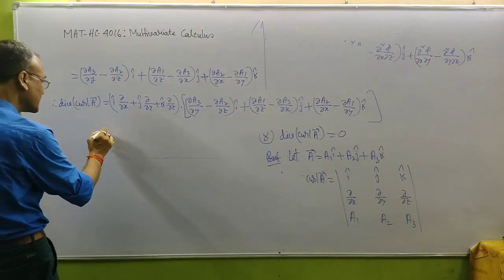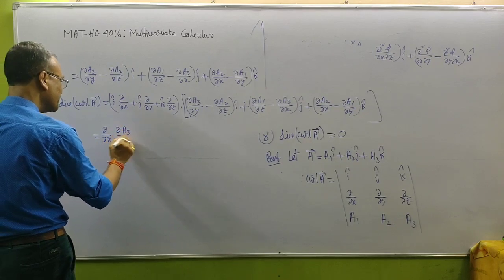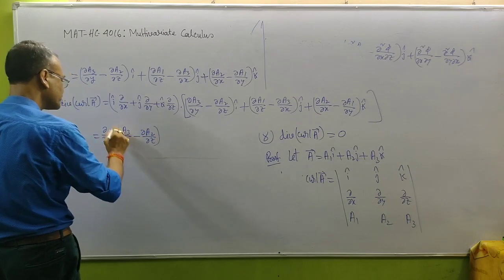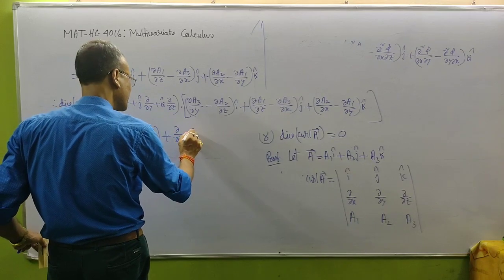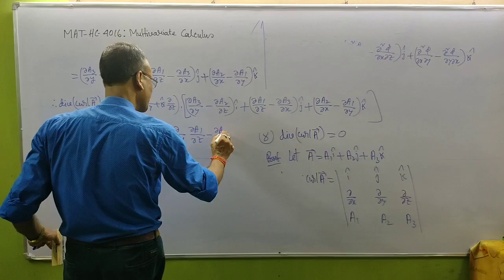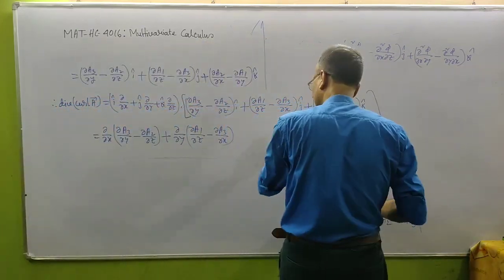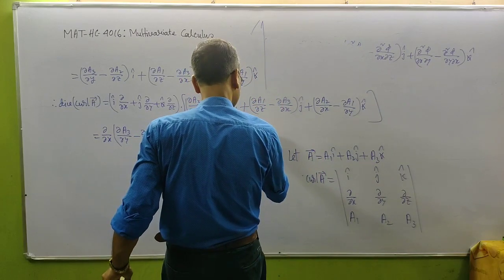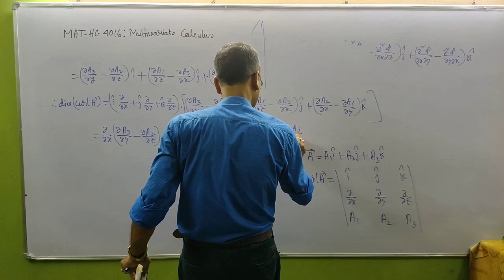This is equal to ∂/∂x of (∂A3/∂y − ∂A2/∂z) plus ∂/∂y of (∂A1/∂z − ∂A3/∂x) plus ∂/∂z of (∂A2/∂x − ∂A1/∂y).